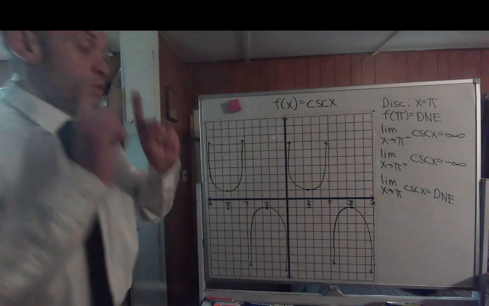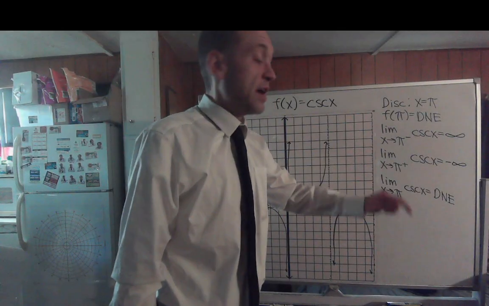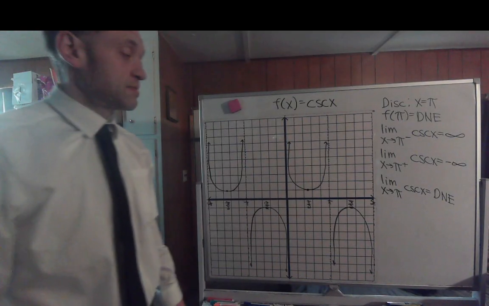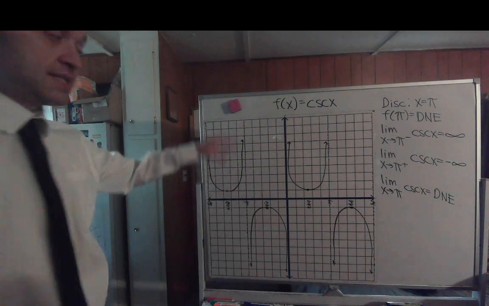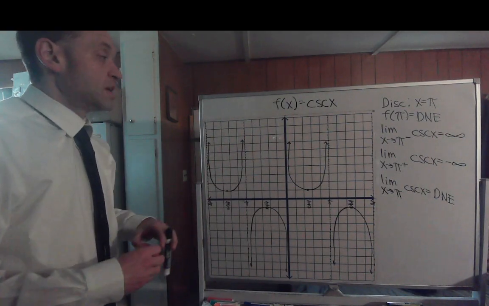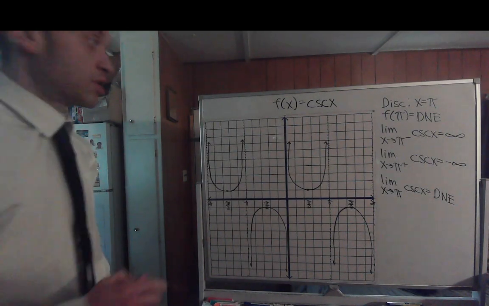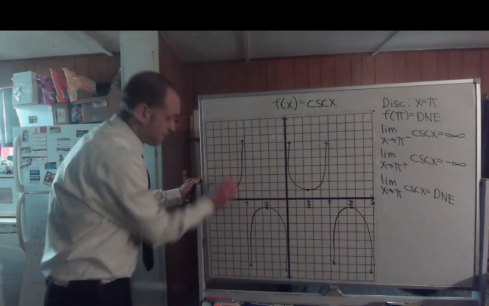But one thing is always true: f of that value, the value of the function at that value of x, will always not exist because an infinite discontinuity again is just simply a vertical asymptote. So that's it for infinite discontinuities. The last type are called endpoint discontinuities, and we'll get into those.